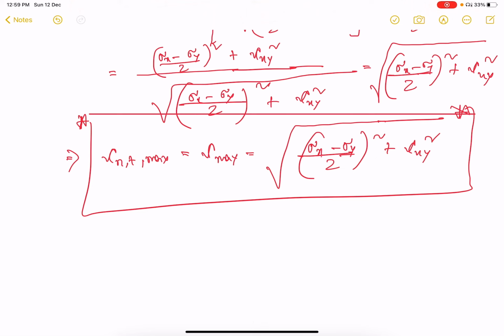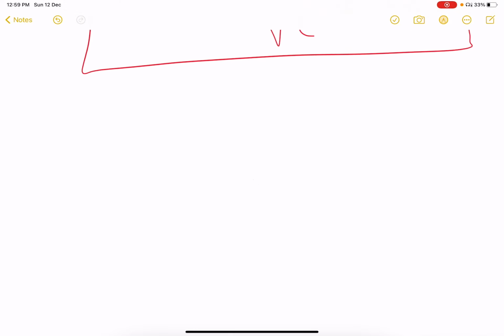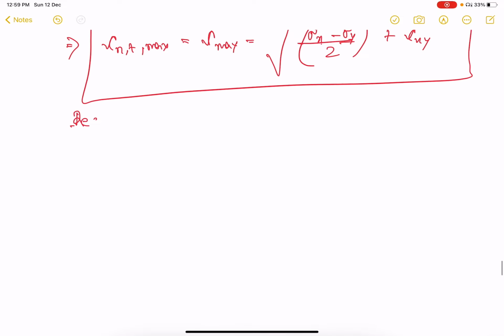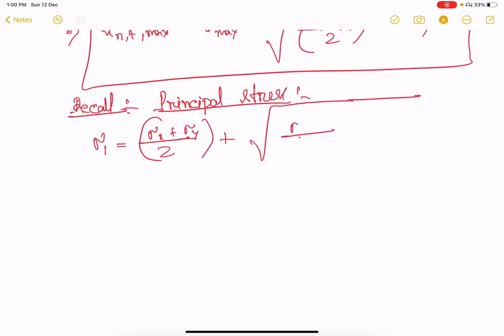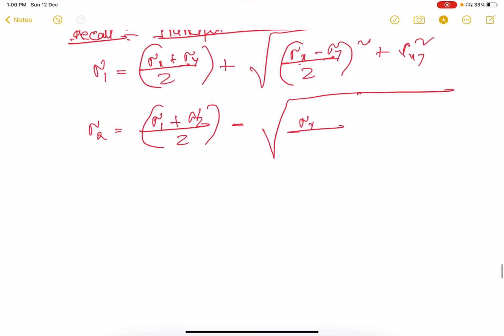Now if you recall principal stresses, we have sigma 1 equal to sigma x plus sigma y divided by 2 plus the root of sigma x minus sigma y divided by 2 whole square plus tau xy square, and sigma 2 is equal to sigma x plus sigma y divided by 2 minus the root of sigma x minus sigma y divided by 2 whole square plus tau xy square.